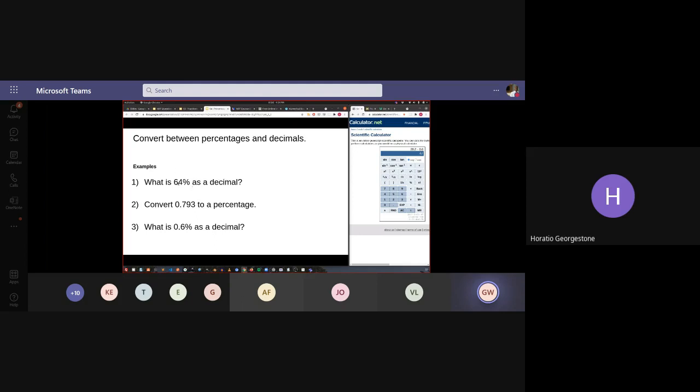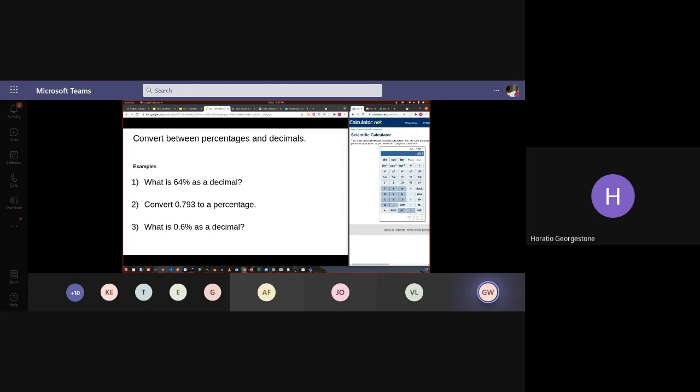We just divide it by 100. So 64% is just 64 divided by 100. See if you can do it in your head before I get that. 0.64.